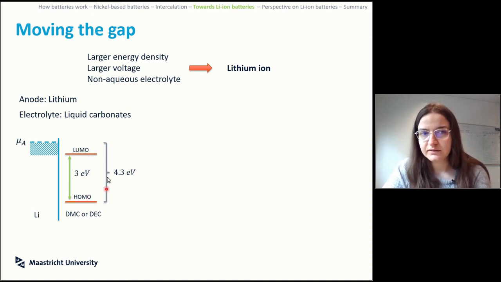The total window of this thing will go to 4.3 electron volt. Immediately double what you could have before.